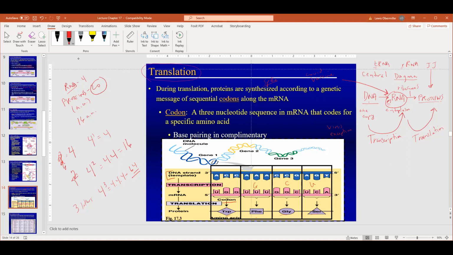So here's the DNA strand. This is the artist example, and you know that DNA is double-stranded. So we talked about genes and parts of the genes previously. So we're just gonna zoom in on a gene, and up here there's a promoter, and down here there's a terminator, and this is the coding region.